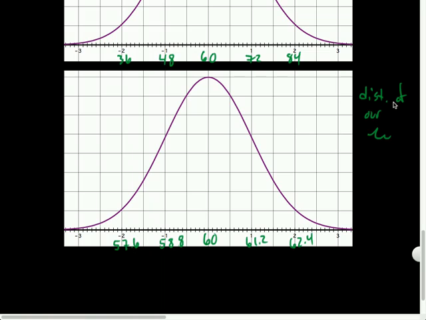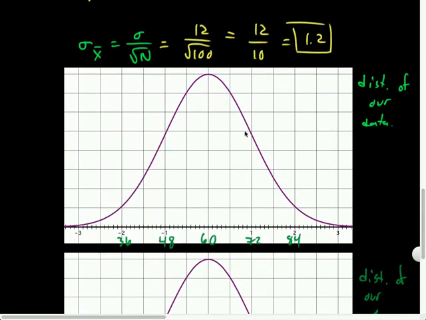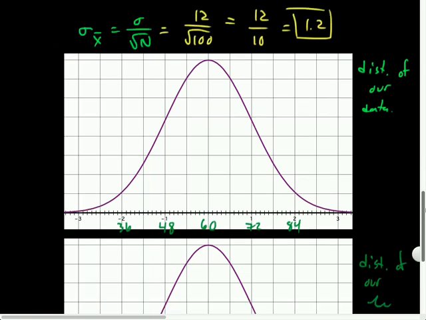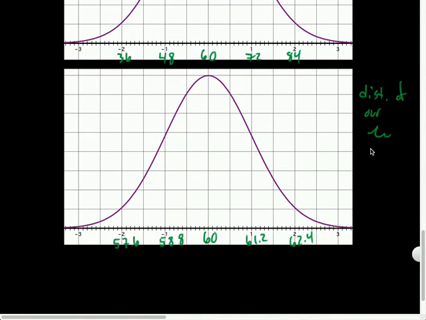So this is the distribution of the true mean. This tells me that the true mean is somewhere between these values, with the same percentage distribution as a regular normal curve. So here's where our data lies. I could say that 68.3% of our data is between 48 and 72. Similarly, I could say that there's a 68.3% chance that the true mean of the population, mu, is between 58.8 and 61.2.